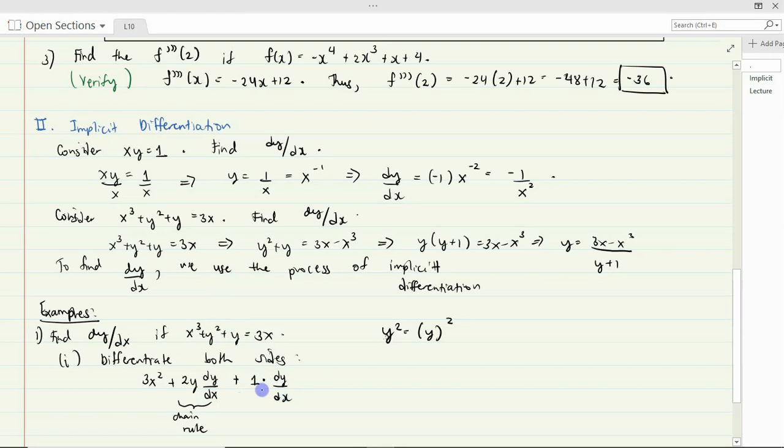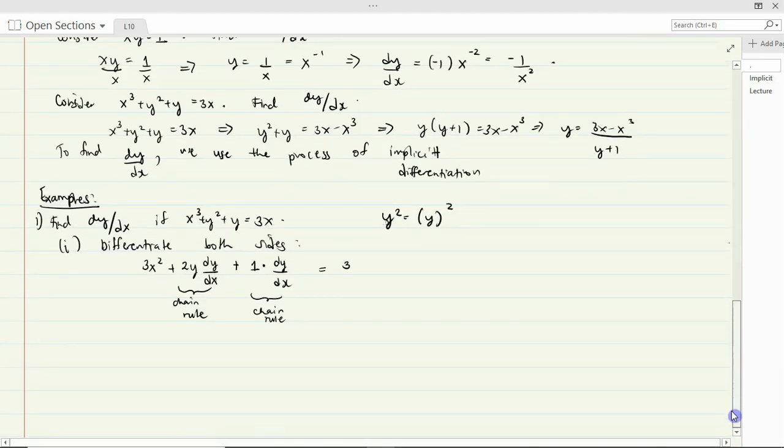So, yan ang derivative ni y. You have 1 times dy dx. This is also by chain rule. And then equals derivative ni 3x, which is just 3.